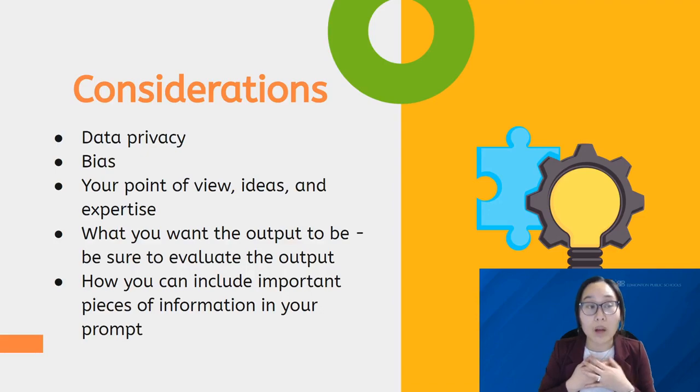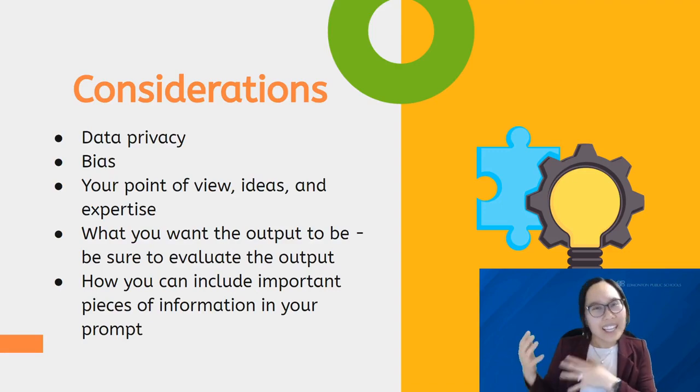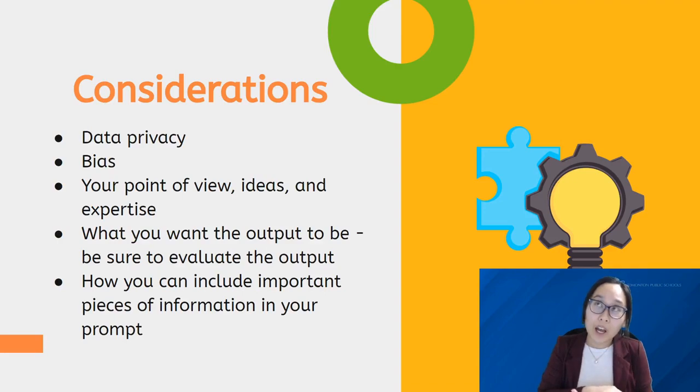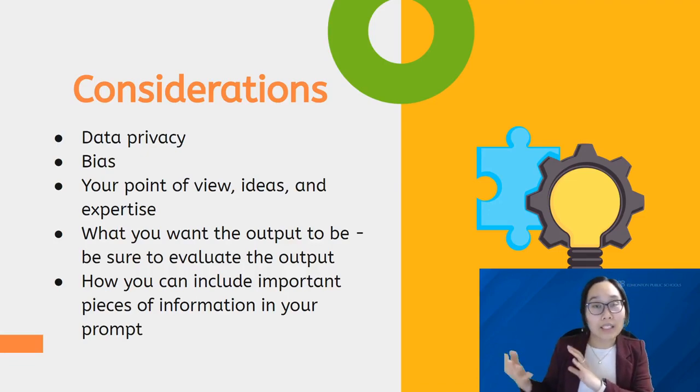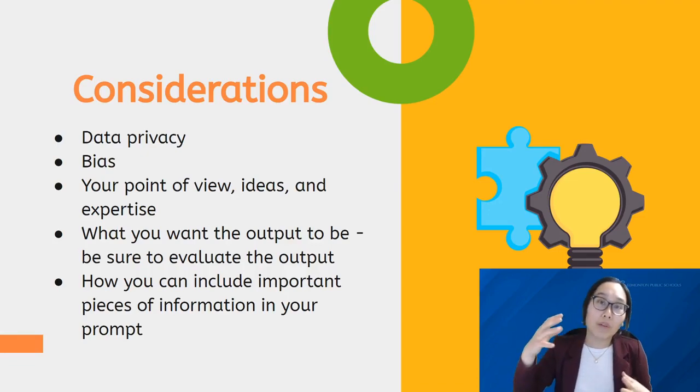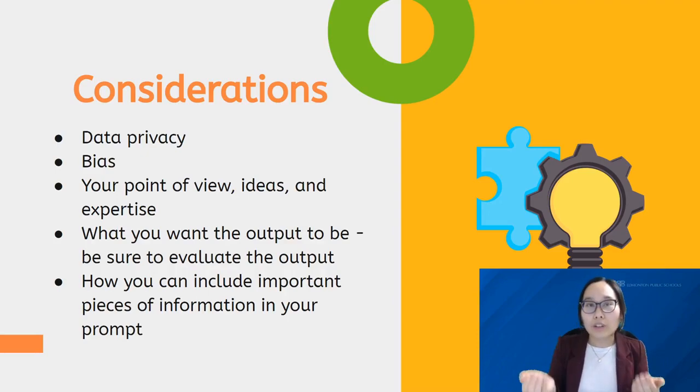Your point of view, your ideas, and your expertise is really, really important to reflecting on that output and deciding, is that what I wanted the output to be? Or is that not quite what I wanted? Or can I see some bias perhaps in the output as is? And does that mean now I should reframe my prompt? Or how should I refine the output myself perhaps and make it more into what I want it to be?